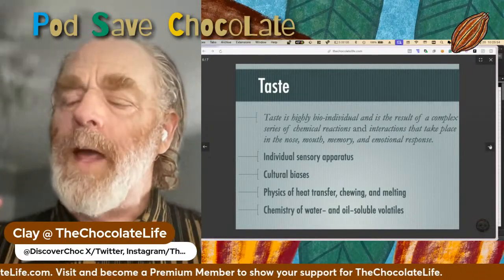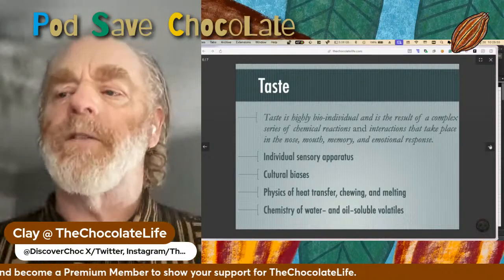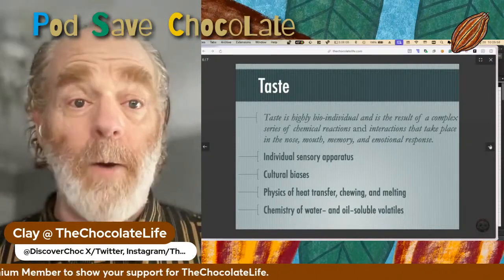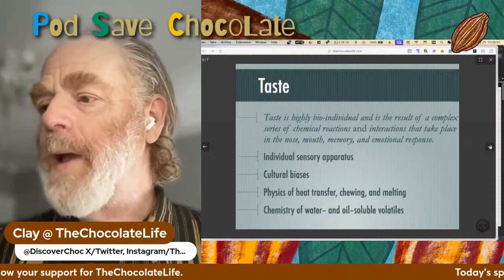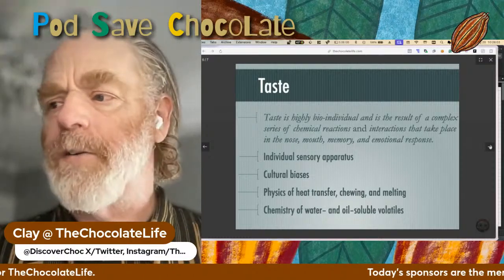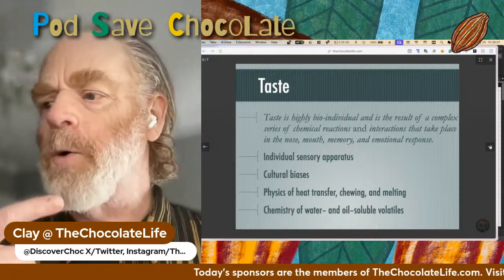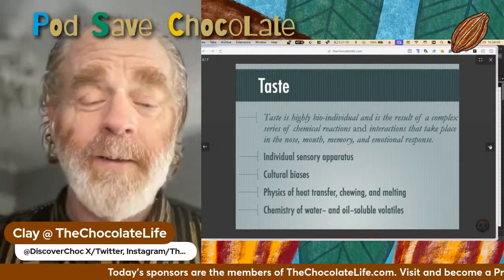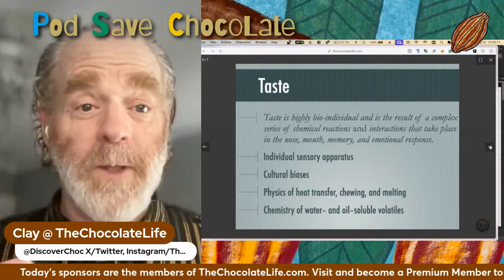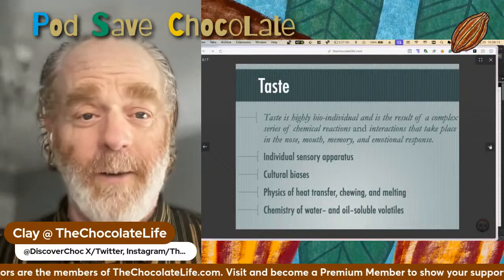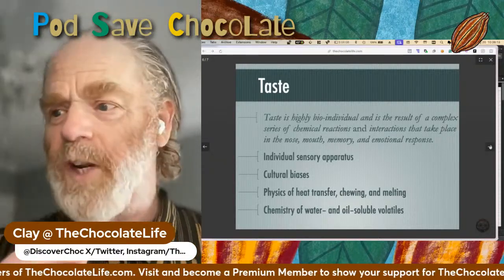But when we think about it, the perception of flavor is highly bio-individual, right? And it's the result of a complex series of chemical reactions and interactions that take place in the nose, mouth, in our memory, right? And in the emotional responses that are evoked as a result of tasting something.